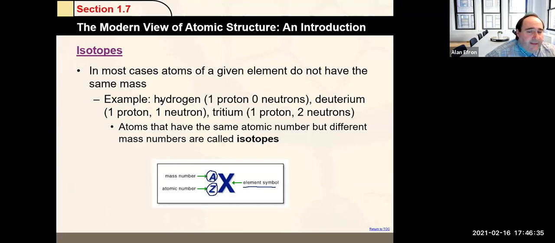So these are all examples of isotopes. We have hydrogen, we have deuterium, which is heavy hydrogen, and we have tritium, which is really a radioactive version of hydrogen. We could write this symbol for each of them. So for hydrogen, if we weren't sure what element we're dealing with, we could look at this number and we see one proton.